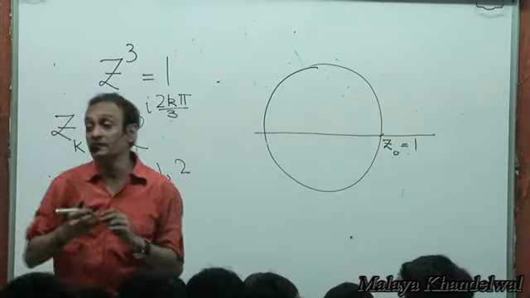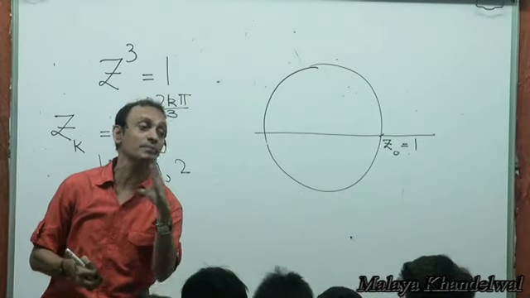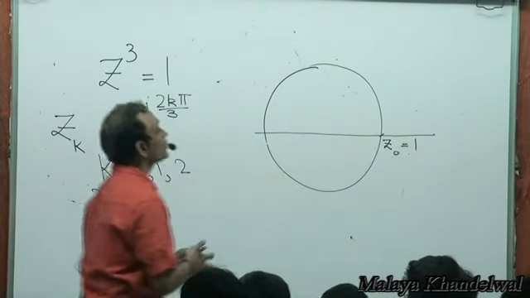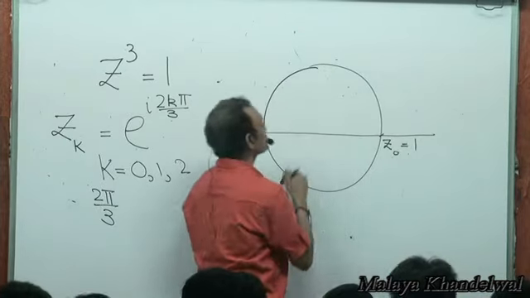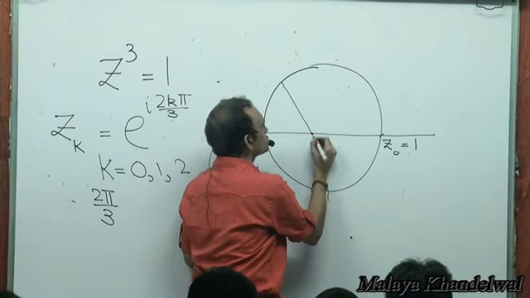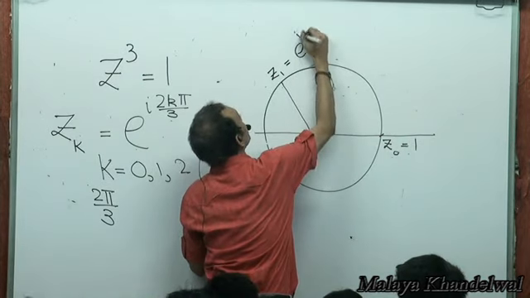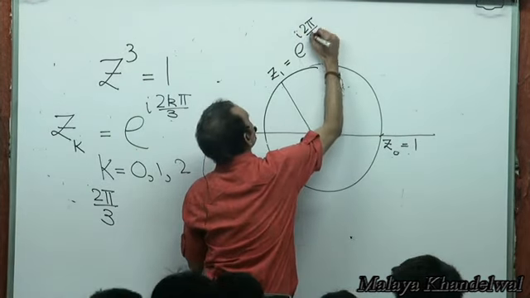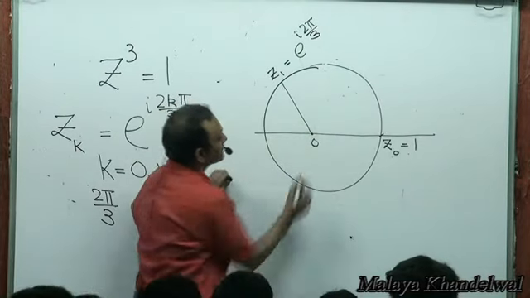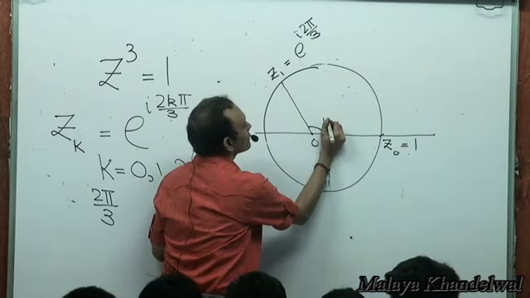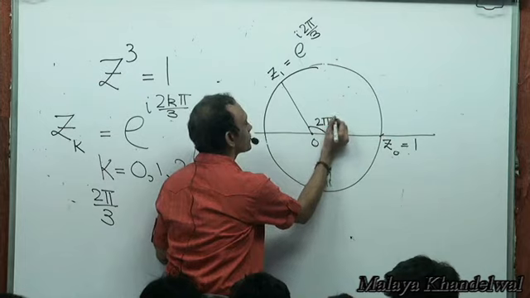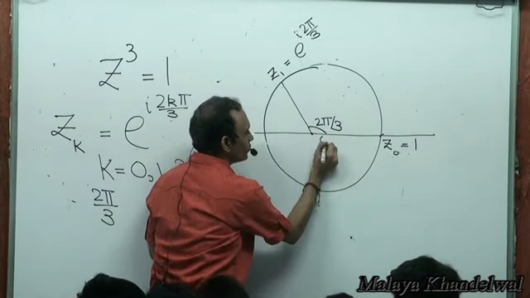In the earlier case it was 2 pi by n, in this case the angular separation is 2 pi by 3. So if z0 is located here, this is the origin, then z1, which is e power i 2 pi by 3, is located here, and this angle is 120 degrees. Yes or no?